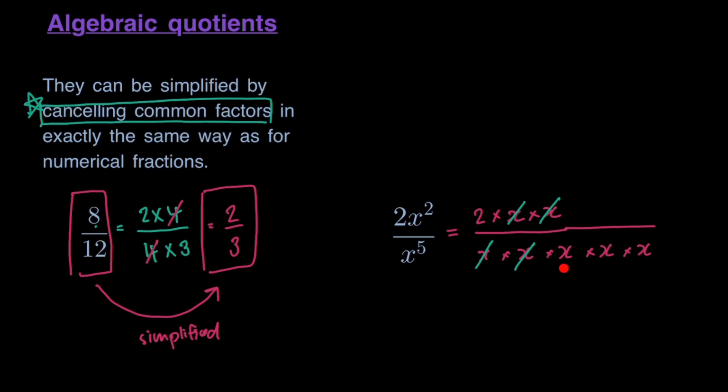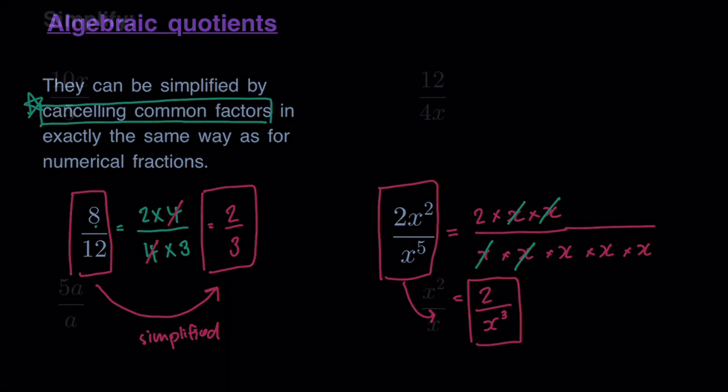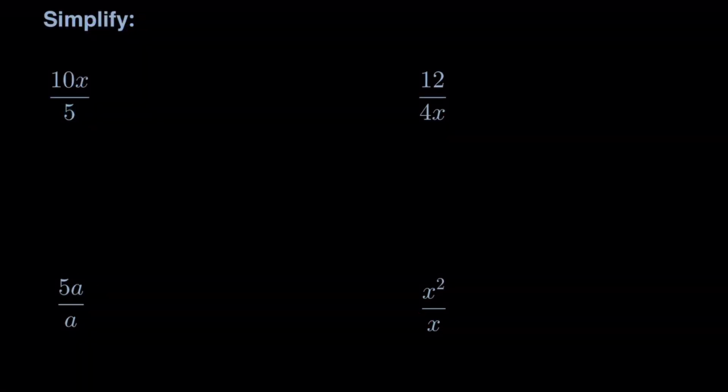As a denominator, we have x times x times x. So put them together, so it becomes 2 over x times x times x, which is x to the power of 3. This means that 2x squared over x to the power of 5 is simplified to 2 over x to the power of 3.